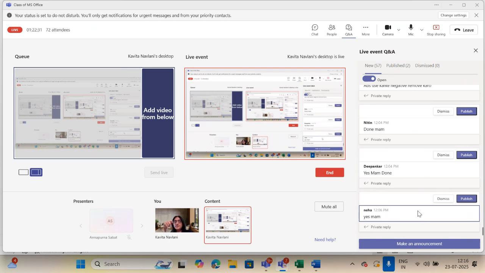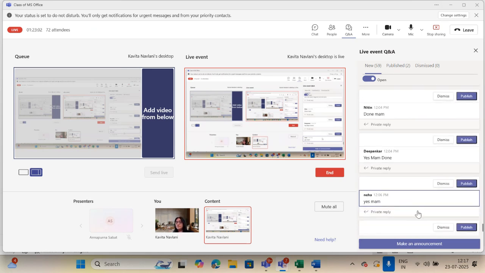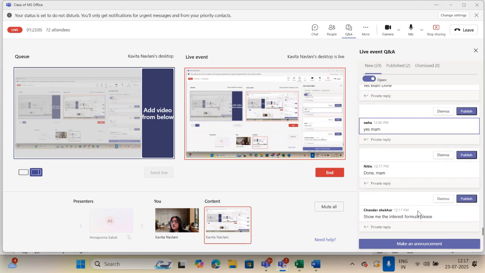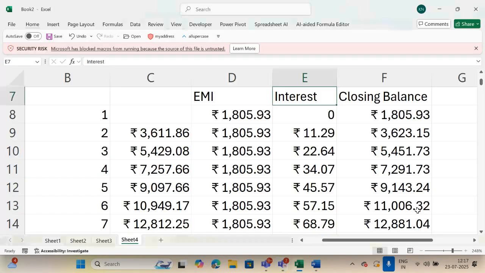Should I show you? Dipankar, please. Show me the interest formula.